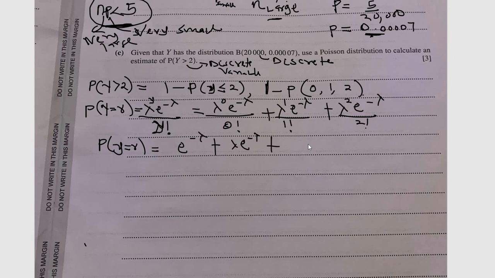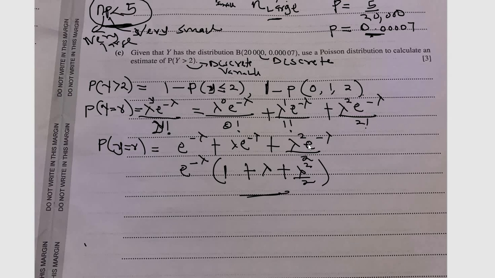Plus lambda squared e raised to power minus lambda over 2 factorial, which is 2. e raised to power minus lambda is common. When you factorize, you have 1, plus lambda, plus lambda squared over 2.